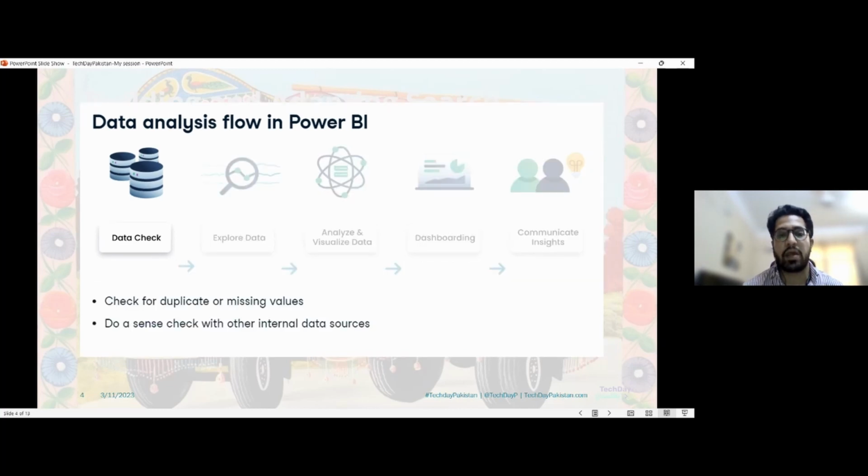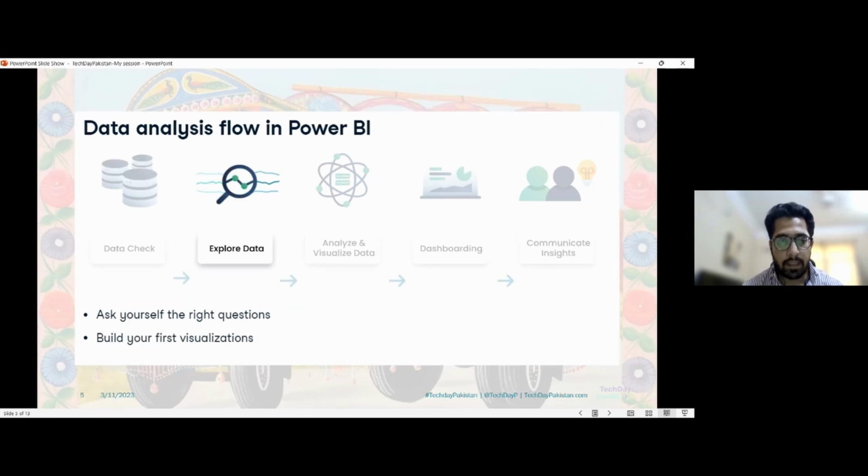How does that happen? We have to be really careful about missing any important key information, and also look at any anomalies within the data in order to do some sense checks and see that the data sources are aligned. The next step is having the right questions in place to develop those insights.